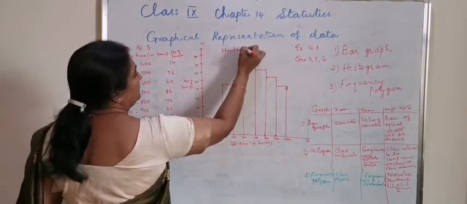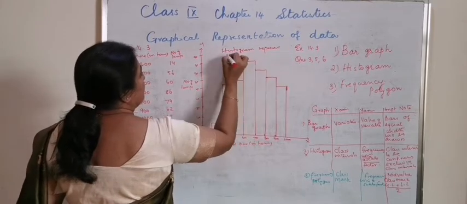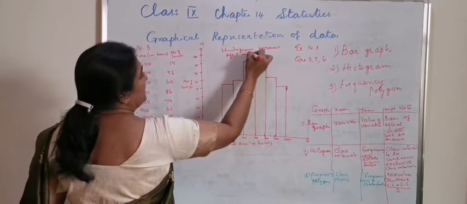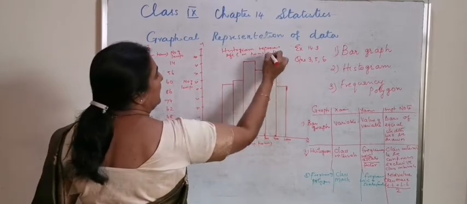Histogram representing the life in hours of 400 lamps.